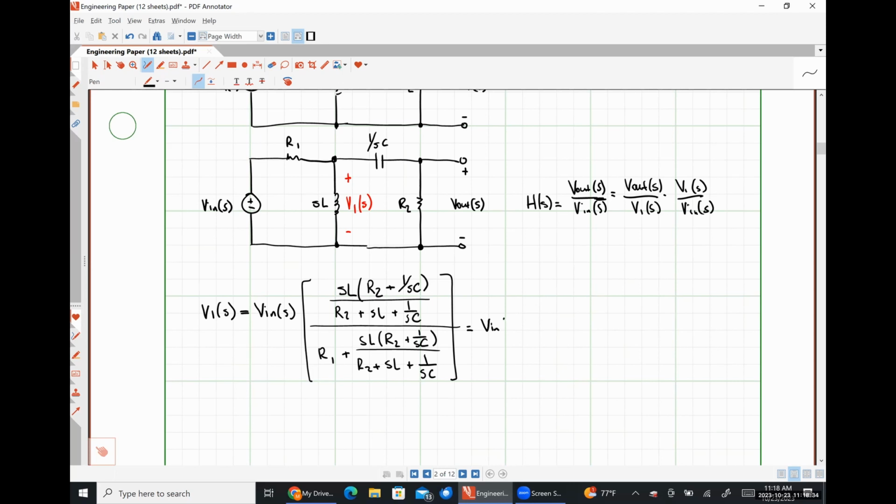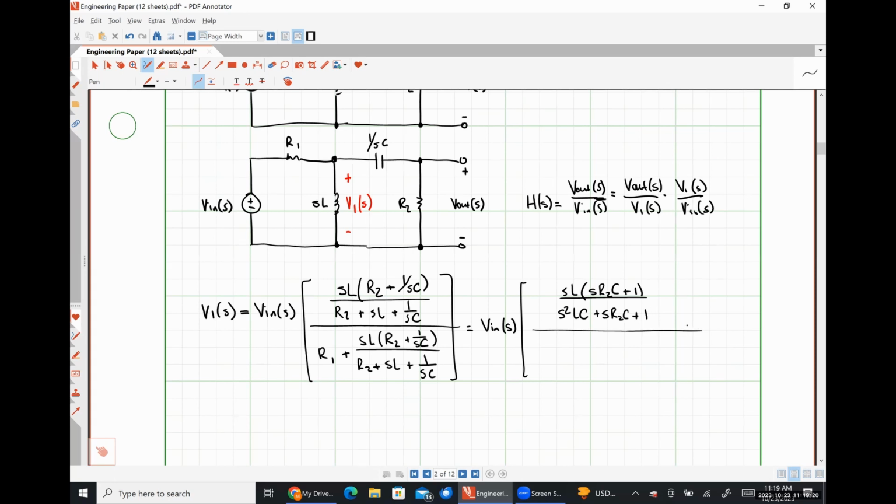So that would be Vin of S multiplied by, so multiplying the numerator of my numerator by a factor of SC is going to give me SL times (SR2C plus 1) divided by S squared LC plus SR2C plus 1.